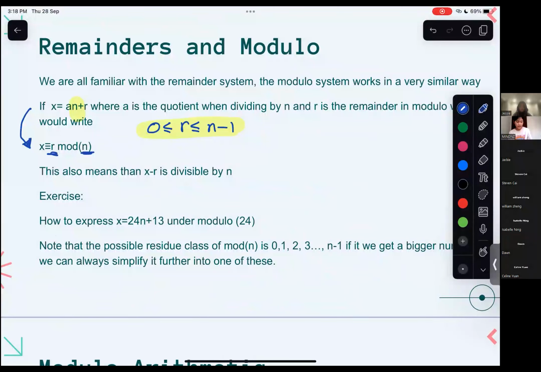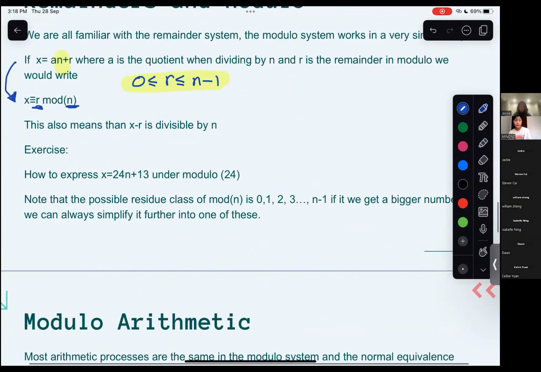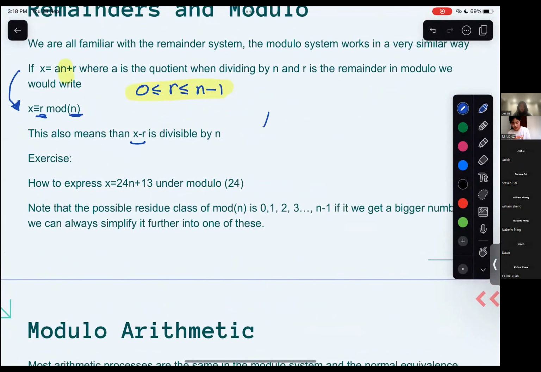And this would also mean that x minus r is divisible by n, right? Because we know x equals a n plus r, and if we subtract r off, it's quite obviously divisible by n because a is an integer.